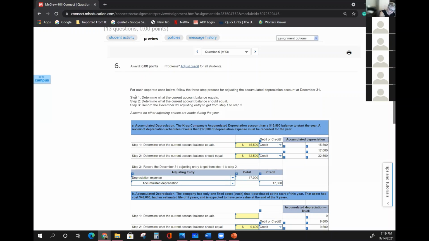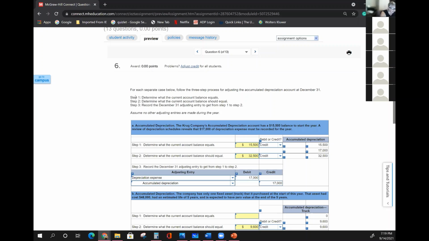Accumulated depreciation is an asset account, but it's a contra asset account. So it's not sitting with a normal debit balance like assets normally sit. It's sitting as a credit because it's offsetting that money that you've already spent on the asset, that value that's there. It's reducing that because you've used it for a period of time. So the accumulated depreciation is $15,500.